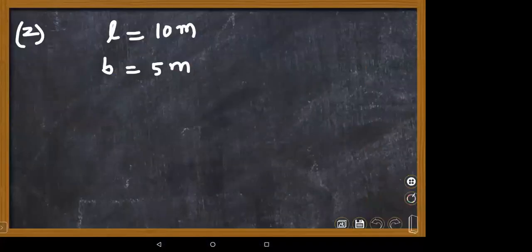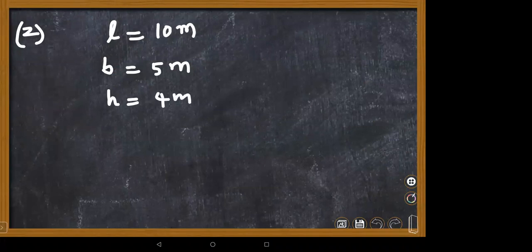Broad is 5 meters and height is 5 meters. Sorry, height is 4 meters. Very interesting question it is actually. The room, 4 meters high, has 5 windows, children.